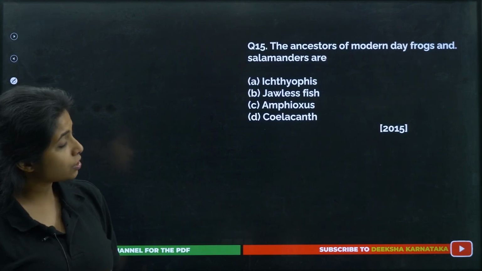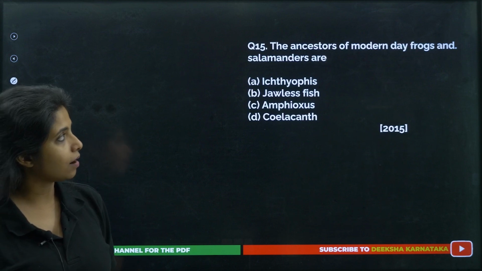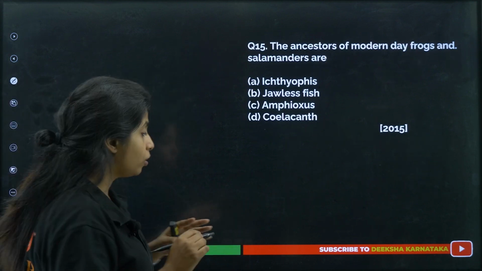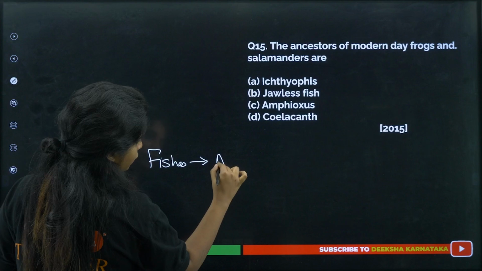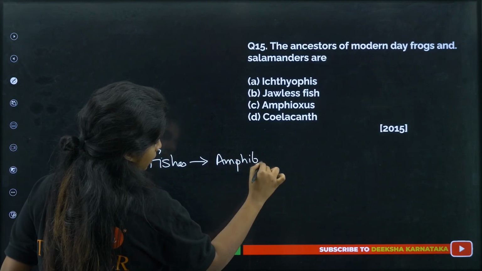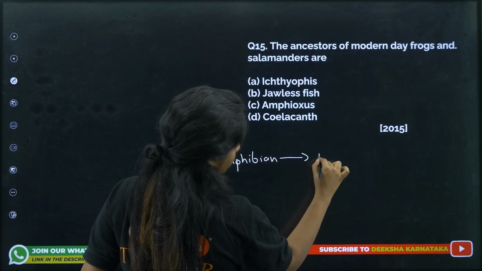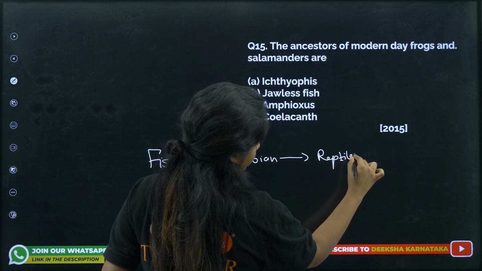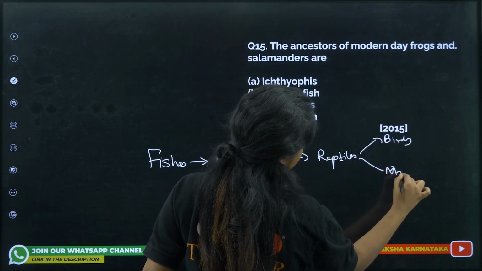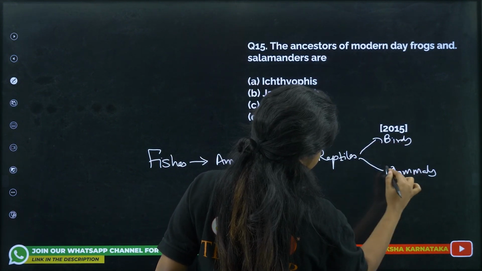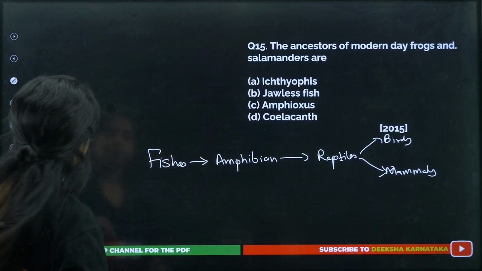Next, the ancestors of modern day frogs and salamanders are. So I hope you know that there were fishes, then came amphibians, then came reptiles, from reptiles came birds and also mammals.